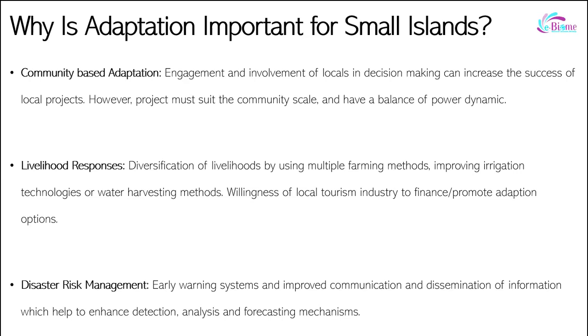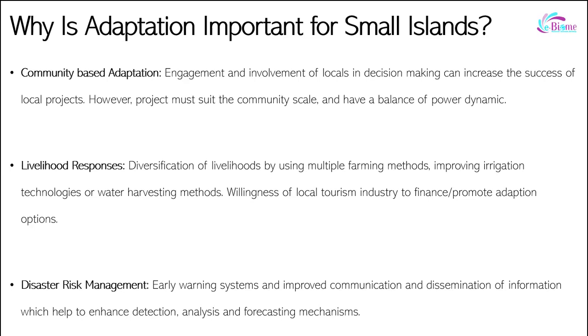We have livelihood responses. So there is a diversification of livelihoods from persons in various sectors such as farming, where they're using improved irrigation technologies or water harvesting methods. We also see where persons in the fisheries industry, because fisheries is also a major sector in small island developing states, are also trying to find more creative and sustainable ways in fishing.